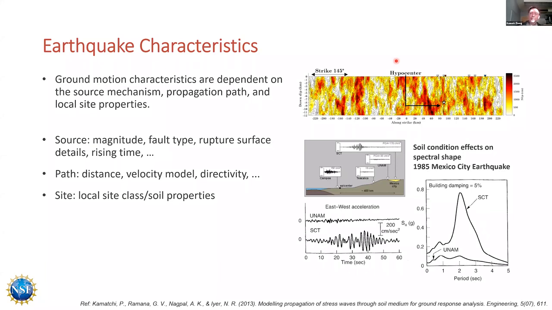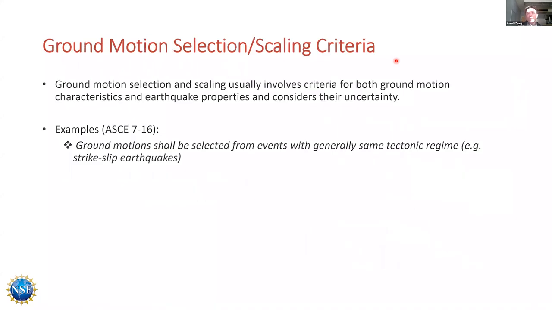And so typically, both ground motion characteristics and earthquake characteristics are carried into the ground motion selection and scaling criteria, in order to control them for a representative set of ground motions for a specific site hazard. For instance, here I list a few points from ASCE 7-16. Ground motions should be selected from events with generally the same tectonic region.